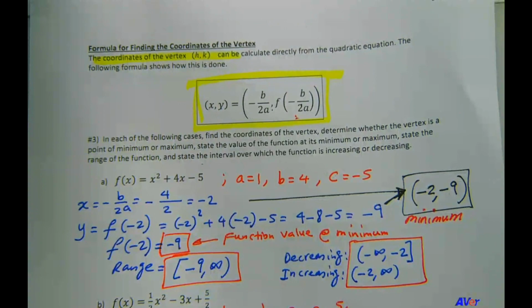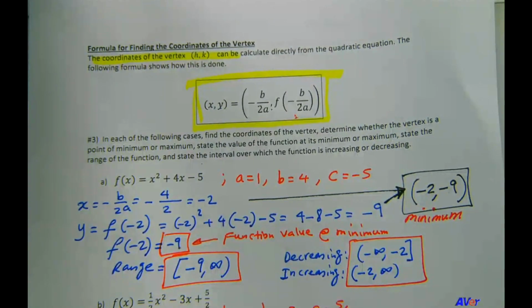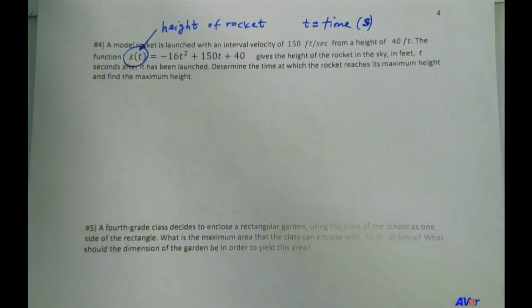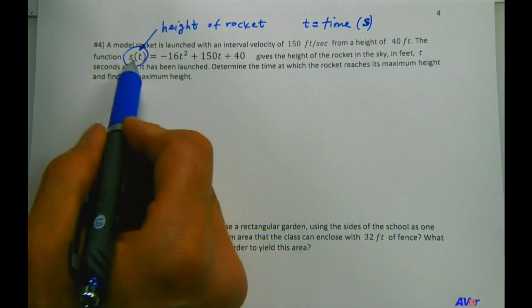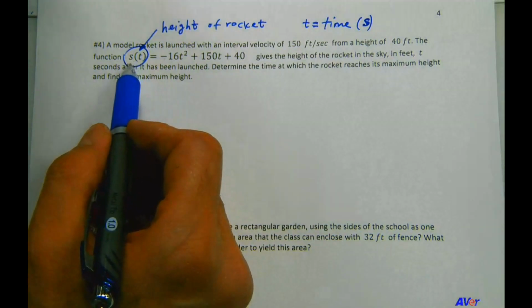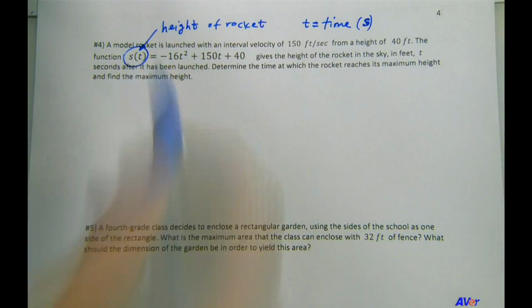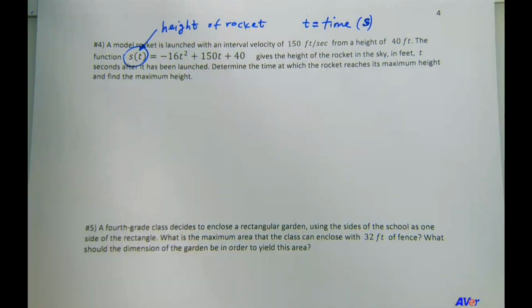And then when we plug that t value back inside the function, it's going to give us the maximum height to which the rocket reached. Okay, let's do that.